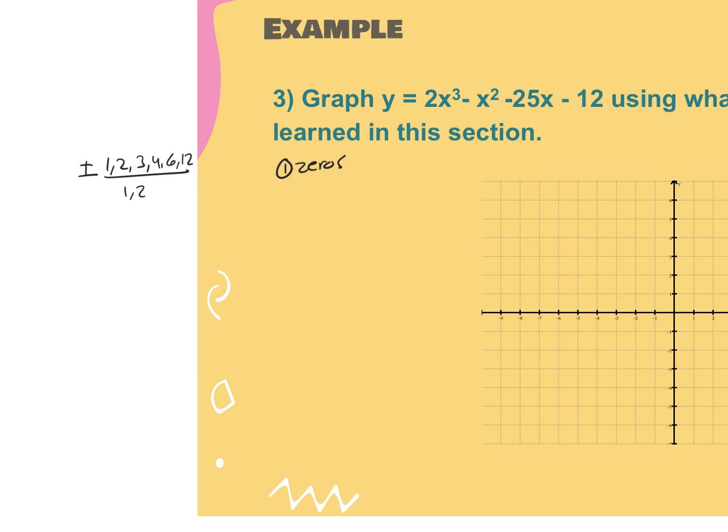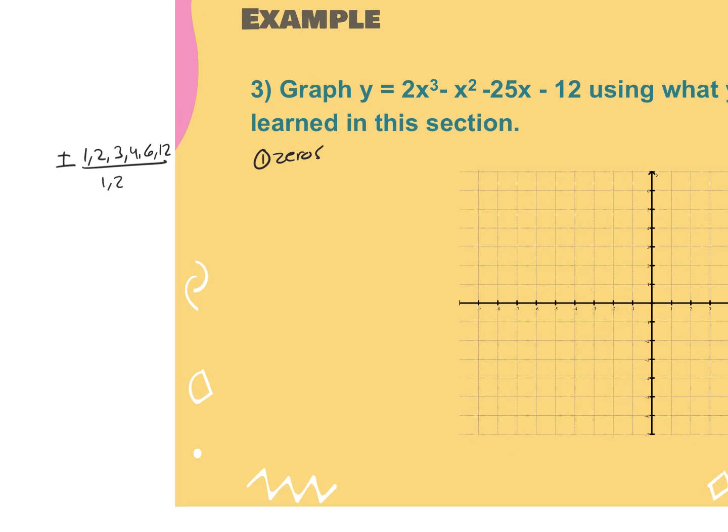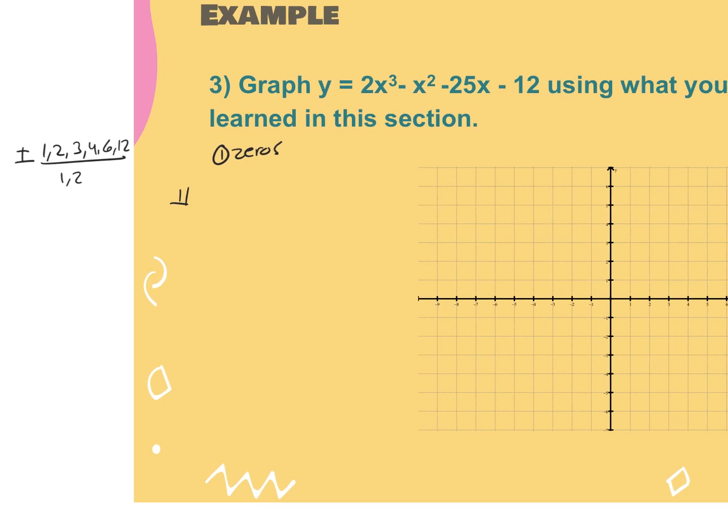You don't really need to list every single one of them unless we ask you to on a test or a quiz. I think it's pretty safe to say that 1 is a valid pick, so let's start with that one.